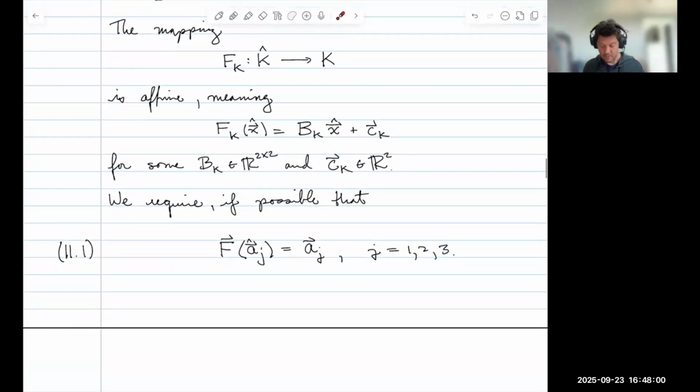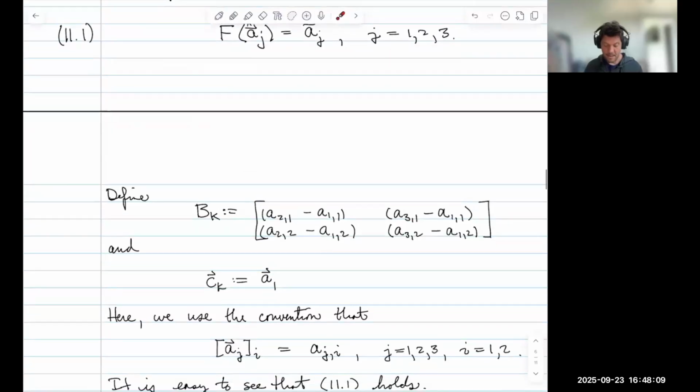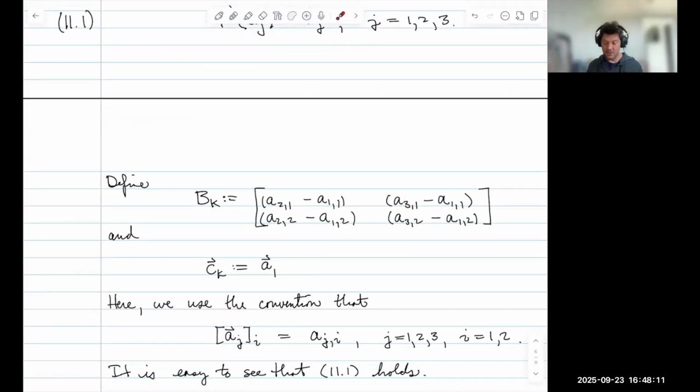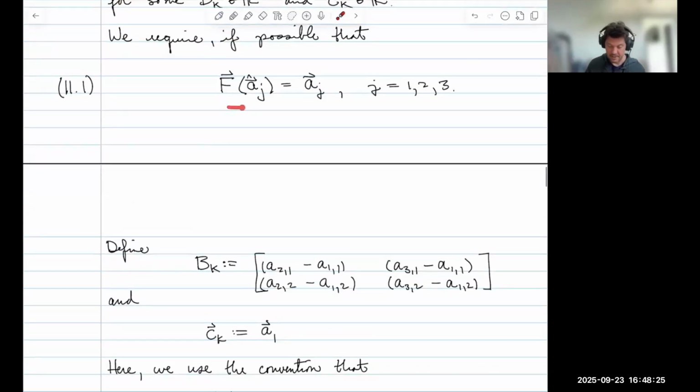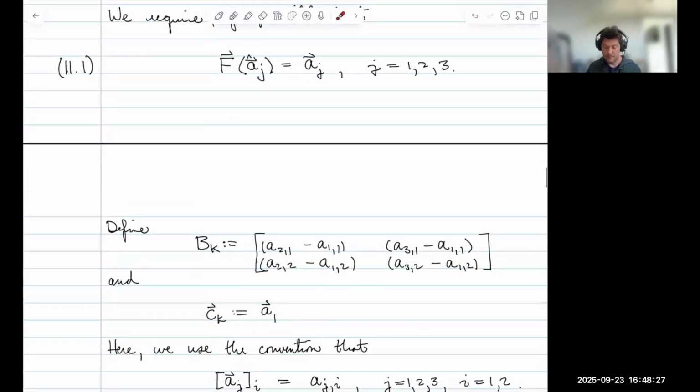As I said before, I want to do this in such a way that I map aj hat into aj, for j equals 1, 2, and 3. It's not hard to show that if I pick my matrix BK to be this matrix here, and my shift vector to be a1, then I precisely get this, 11.1.